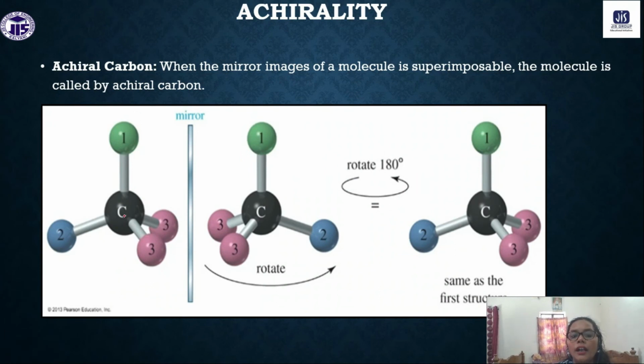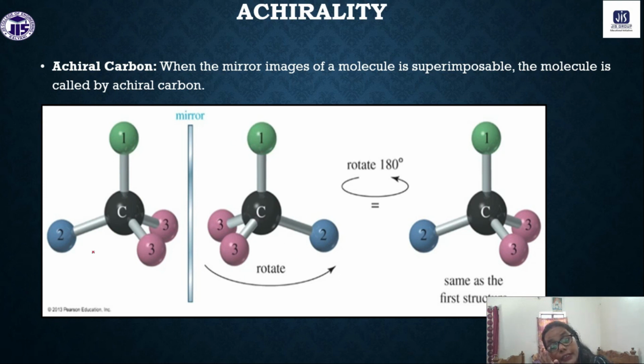Now look here, on the carbon atom we have four atoms, but two atoms are the same, the pink balls. If we take the mirror image of this, this will be the mirror image.